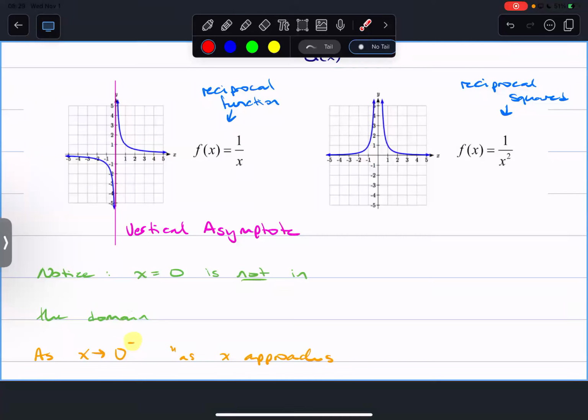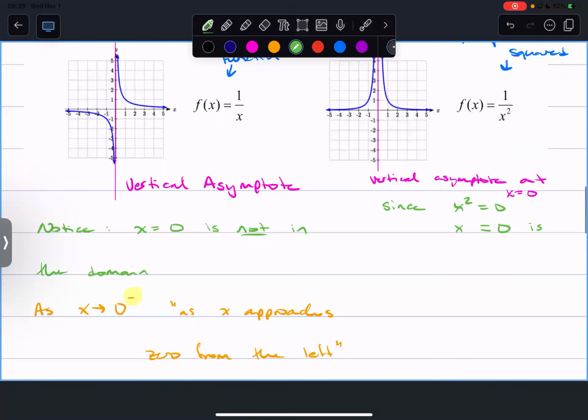And so it does similar things. X still can't be 0. 0 squared is still 0, right? And so here again, we have a vertical asymptote at x equals 0, since x squared equal to 0 means that x is not equal to 0. X equal to 0 is not in the domain.